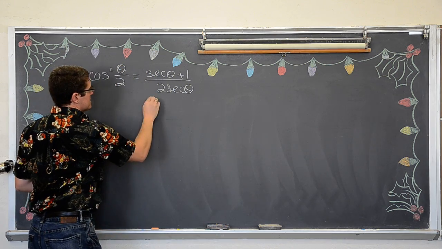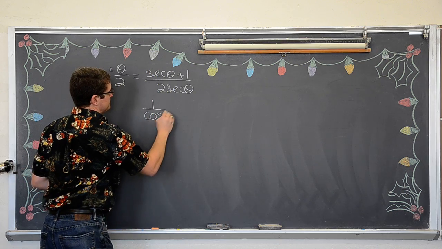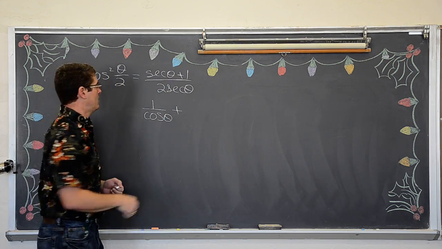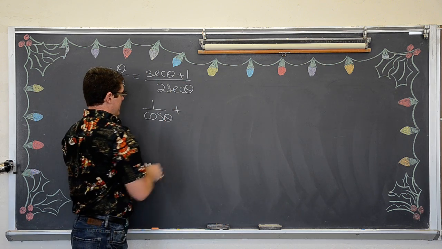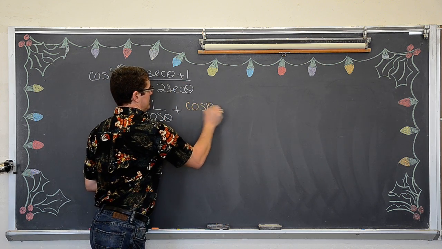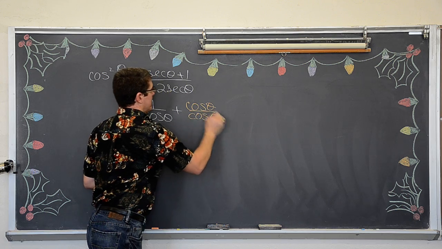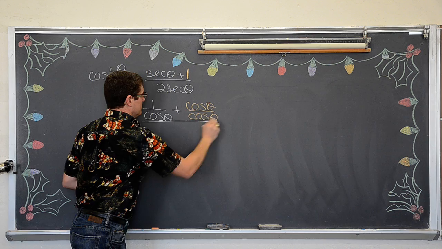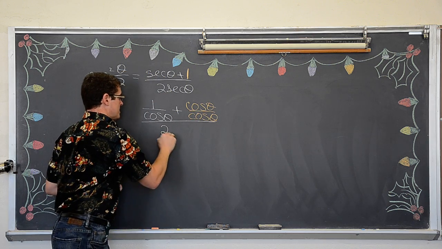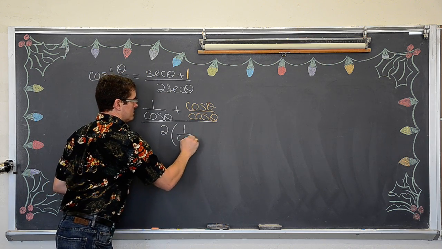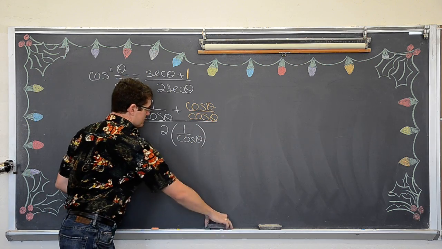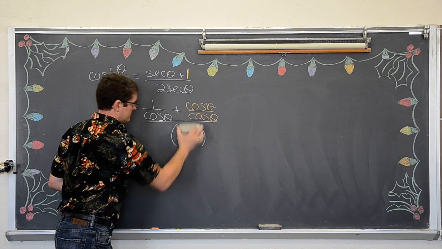So secant is 1 over cosine theta. I'm going to go ahead and make common denominators now. 1 is going to be rewritten as the cosine of theta over cosine theta, common denominator, over 2 times 1 over cosine theta, or just 2 over cosine.